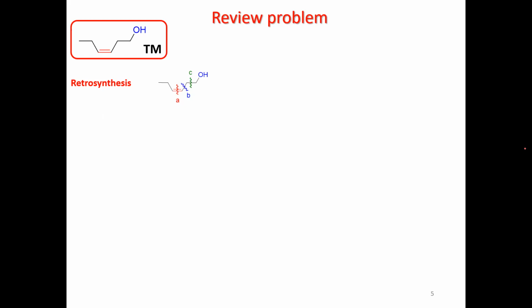From the mechanism point of view, you don't care. I will never ask you the mechanism. But please remember that's a good way to make cis double bonds. So here we have different options. I said, okay, if you break the double bond, you can have the Wittig, like we were saying.